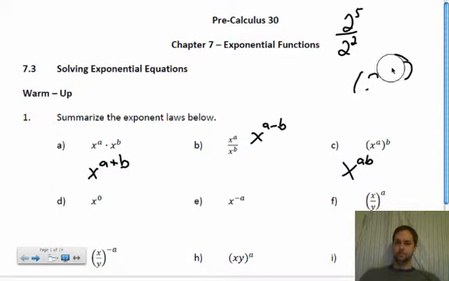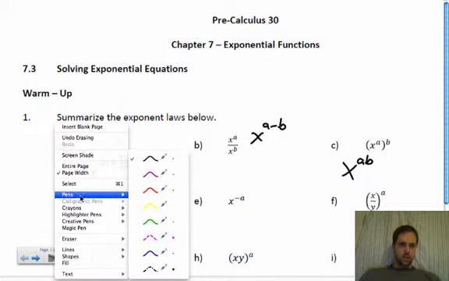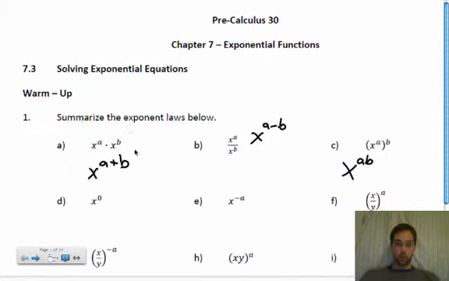Okay, so that's those ones. Let's keep moving on here. Try to make a shorter video today. x to the power of 0: anything in the whole world to the power of 0 is 1. That's it. That's the whole law.